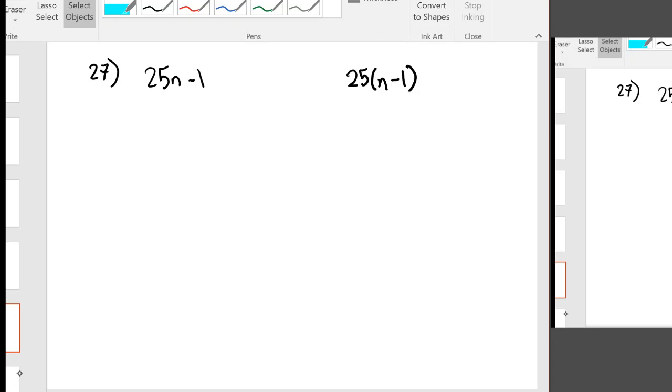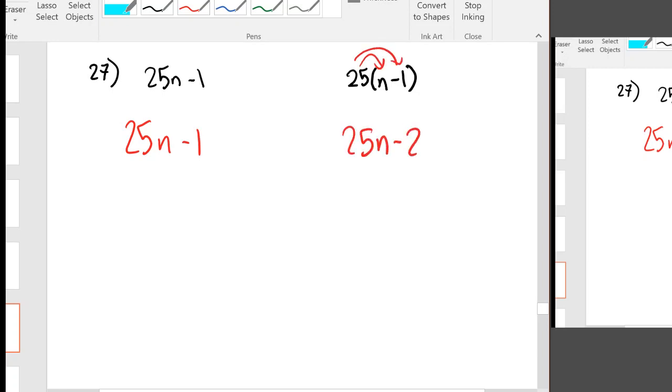Okay, so I have 25n minus 1 versus 25 parentheses n minus 1, and I'm closing the parentheses. So what I would do first is distribute this, and I'd get 25n minus 25. And then you say to yourself, is there any number, any context?